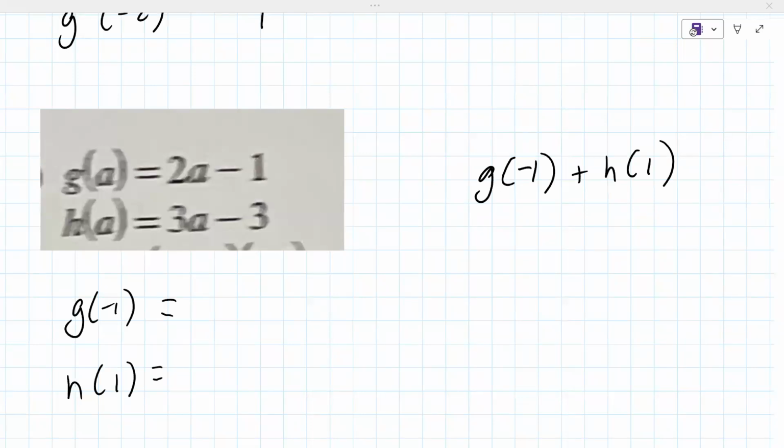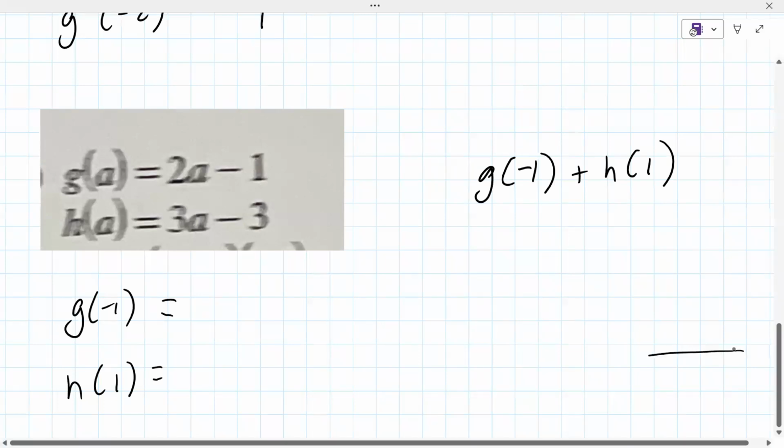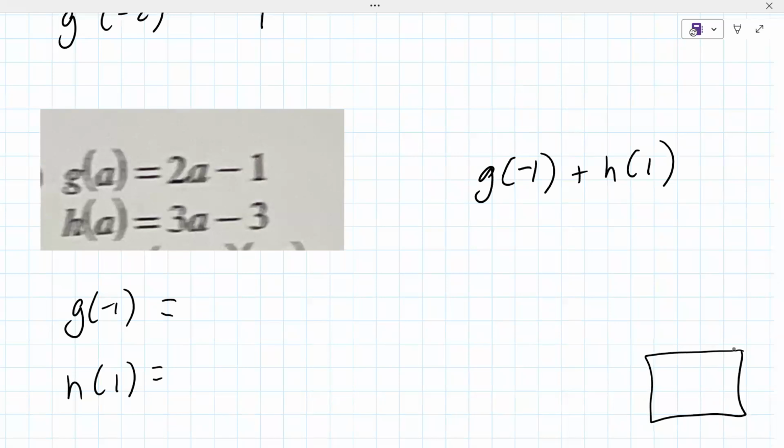Is that your final answer or just an in-between answer? I'm not saying you're wrong. I'm just asking because I don't want to say right or wrong. I meant for g of -1. Okay, keep going.